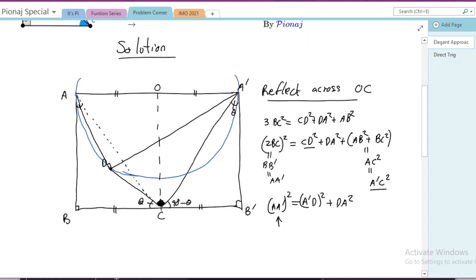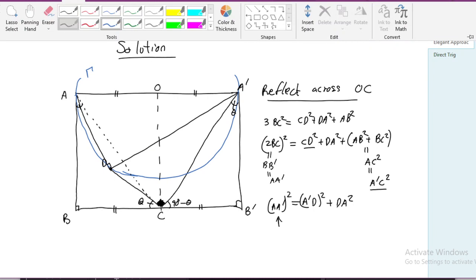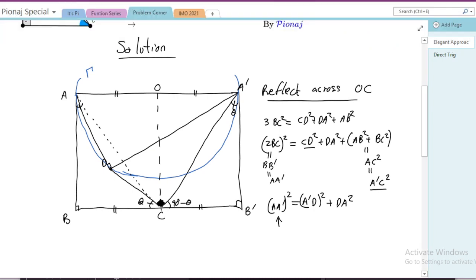Let's call this circle gamma. So D must be on the circle gamma. We have two things: D on this line, so call this line L. So D is on L and D is on gamma.